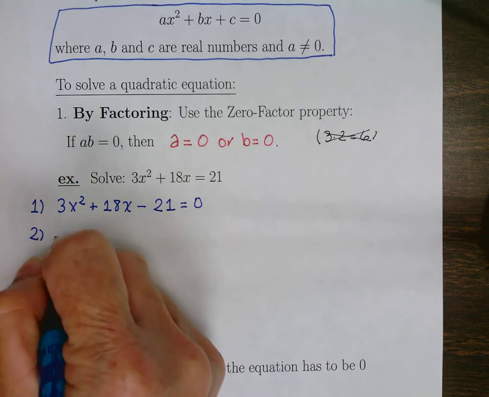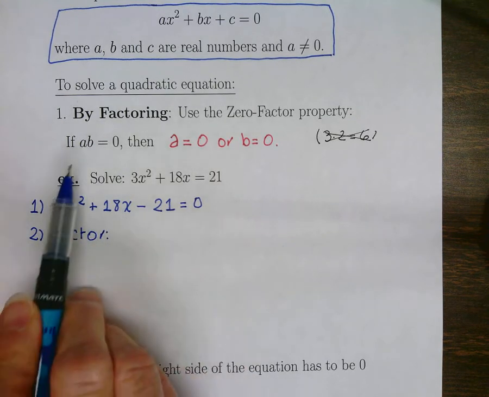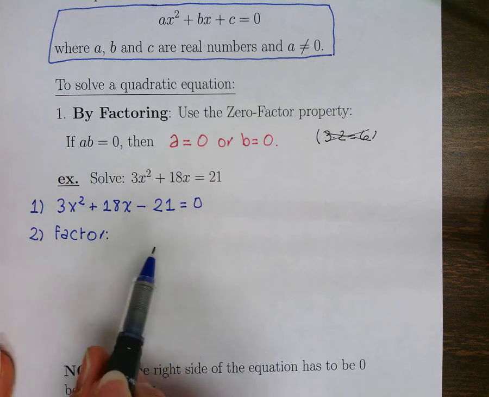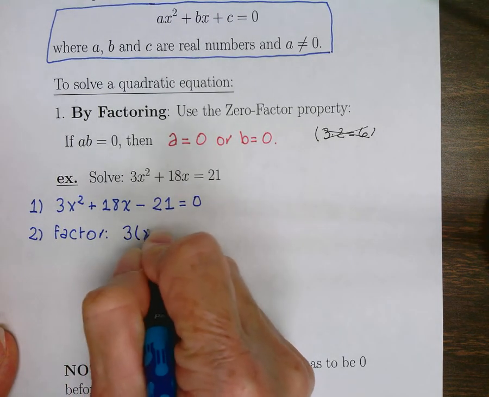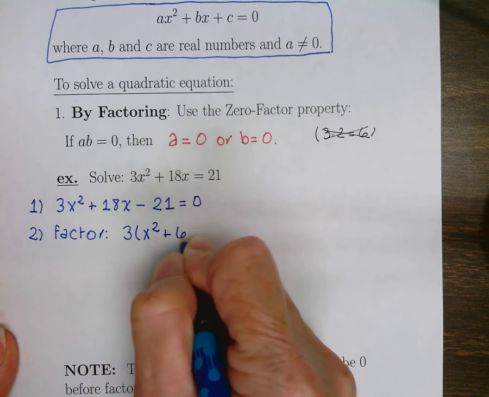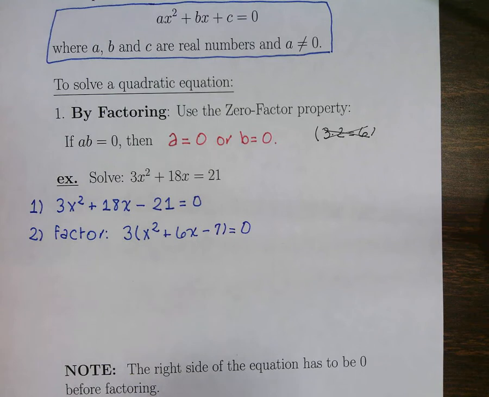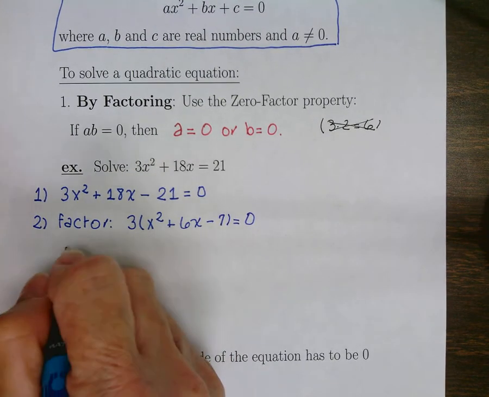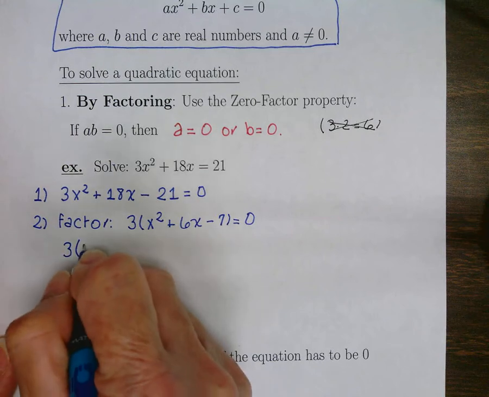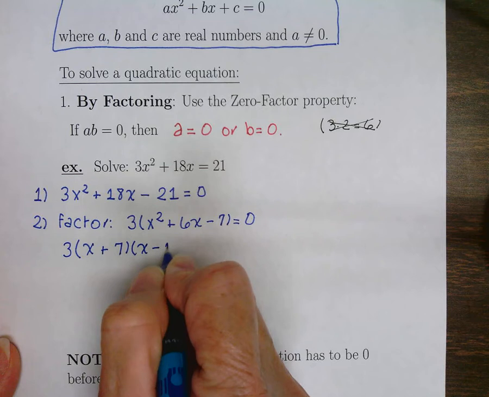And then we factor, because in order to use this property, we have to have it written in factored form. Here it looks like I can pull out a 3. Let's do that to make our work much easier. You don't have to, but you can see, I think, already that it's going to be much easier to factor that. And I'm going to leave the factoring part to you, but this is a pretty straightforward trinomial.